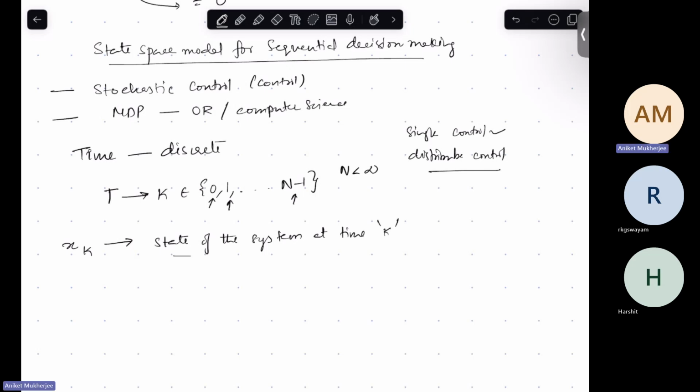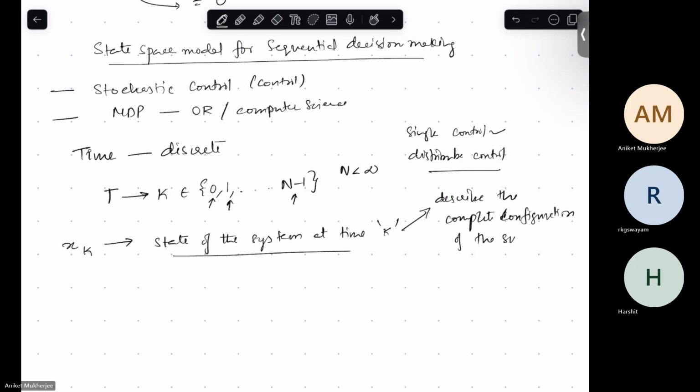Intuitively, what state means is, state is some real number or a vector or some variable which, if you know xk, then you're able to describe the complete configuration of the system.